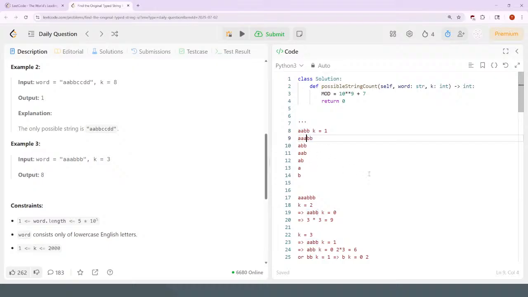Well, how did it end? So the full string would be that, or that, or that, or that, or that, or that. How did I get 8 here?